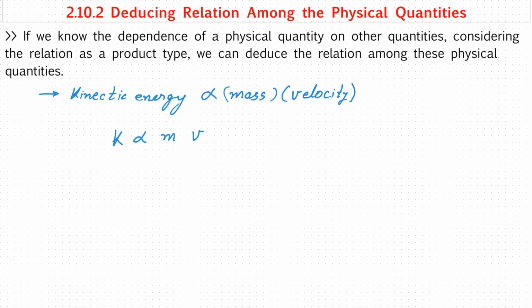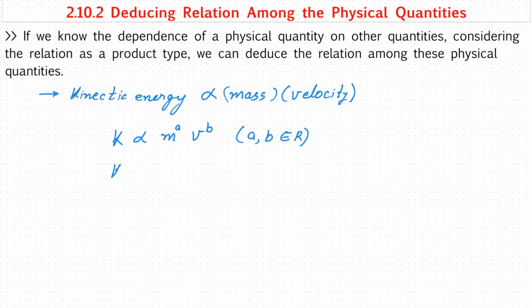So what we'll do, we will put here a and b powers, where a and b belong to real numbers R. See, these powers can be positive or negative, anything. That's why I am putting a and b powers that belong to R. So now I can say that this kinetic energy K is proportional to m raised to a and v raised to b.